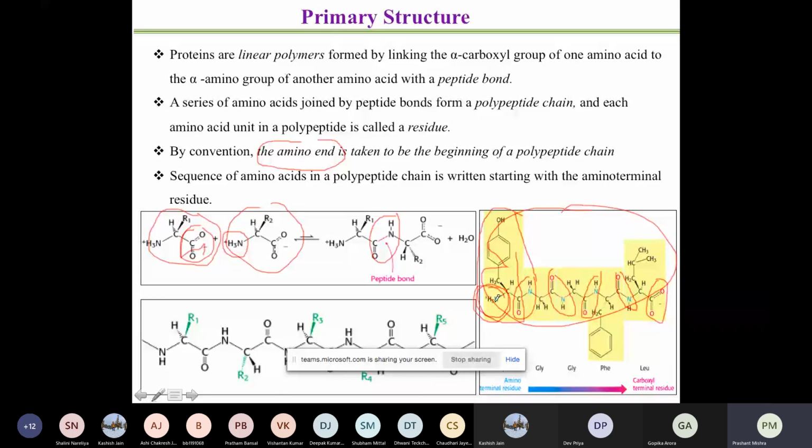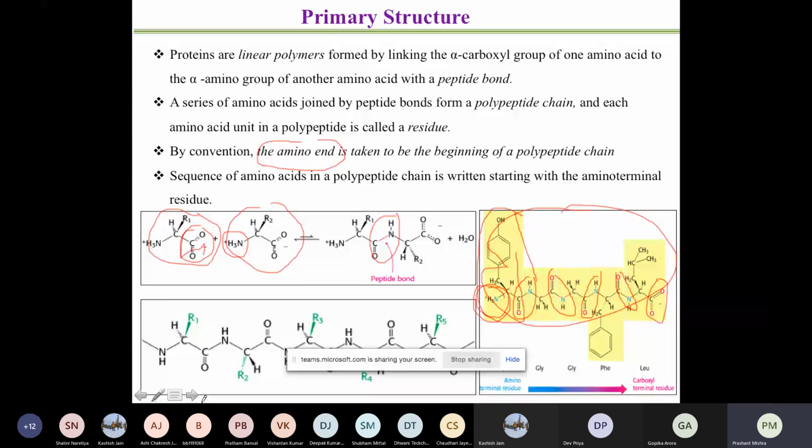We call this the amino terminal or N terminal. N is because of the NH2 group. So we call this the N terminal and this will be called the C terminal. Each peptide chain will have an N terminal and a C terminal, and because of the convention, the way we write them is that we start with the N terminal and end with the C terminal.